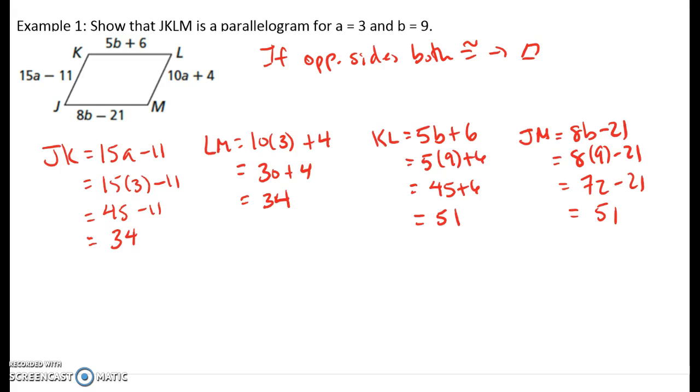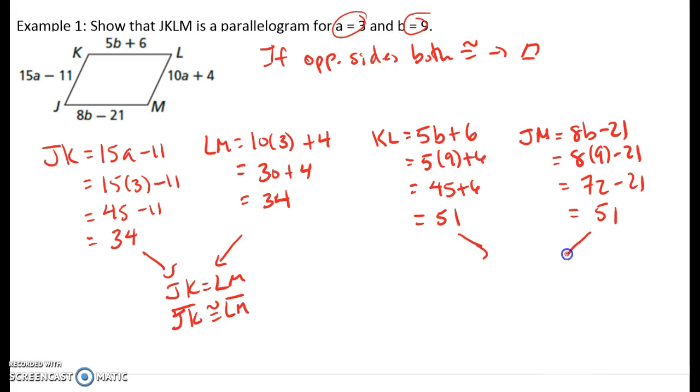All right, so I worked all those out for you, so you don't have to watch me write all that. But basically just plugging in A equals 3 and B equals 9 into each side. And what we can see here is since JK is equal to LM, that means they are also congruent, right? By your definition of congruent segments. Same deal here, right? 51 and 51, that means KL is equal to JM.